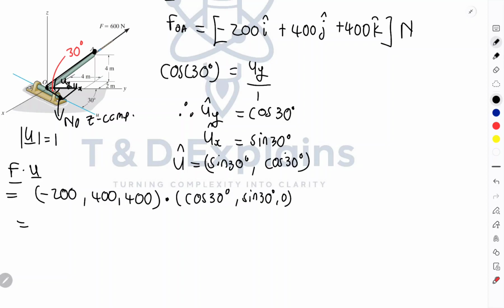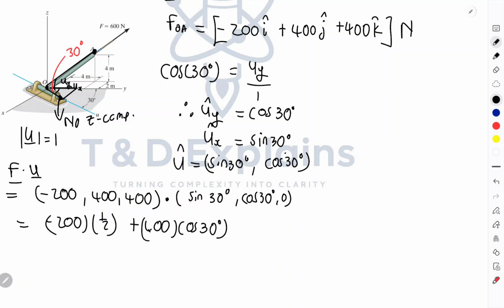Okay, so now it's going to be F dot u. So this is sine 30 degrees, and this is going to be cos of 30 degrees. Now it's going to be negative 200 times sine 30 degrees. We do know that this is 1 over 2, right? And then this is going to be plus 400 times cos of 30 degrees.